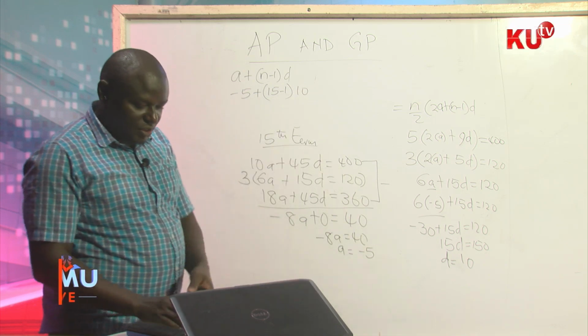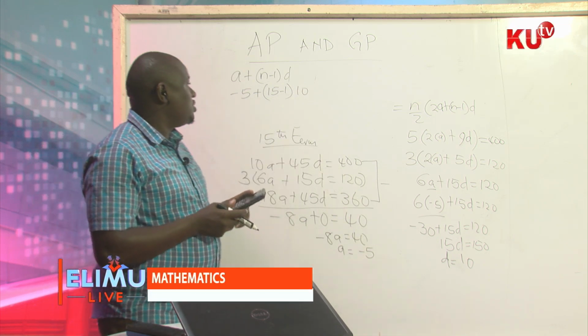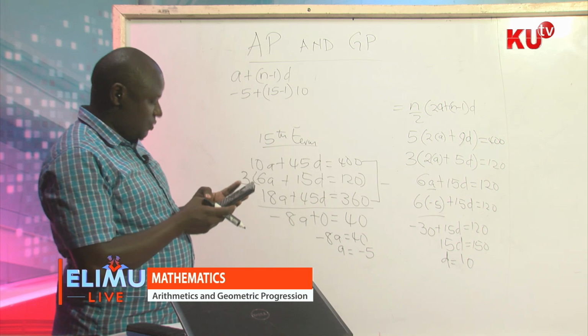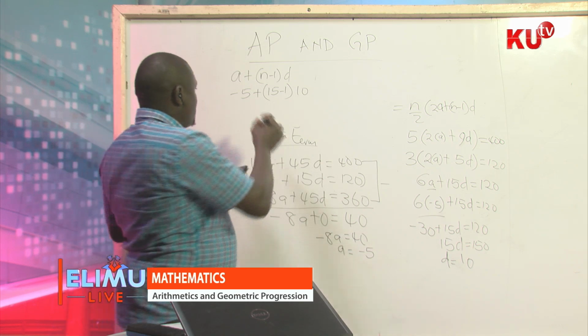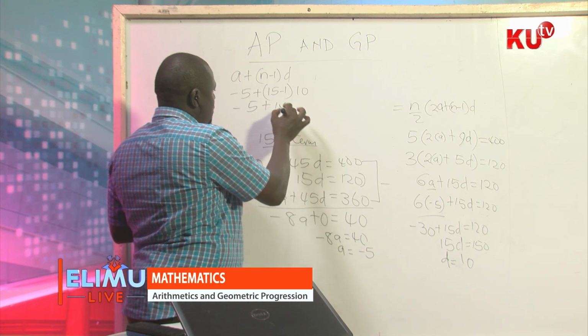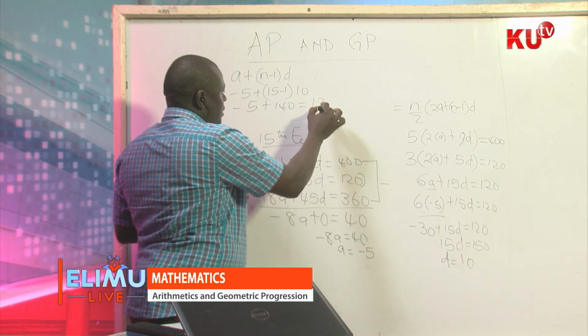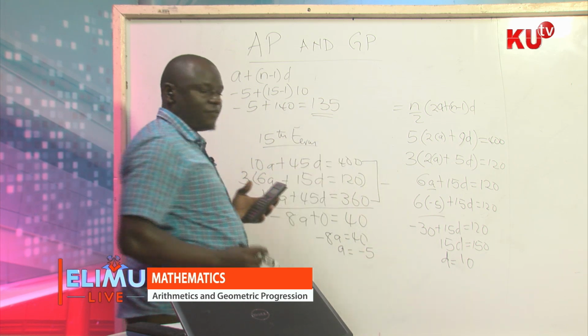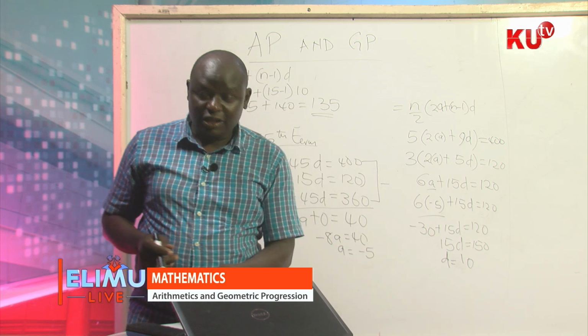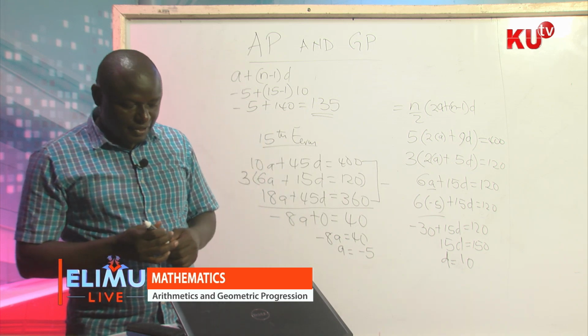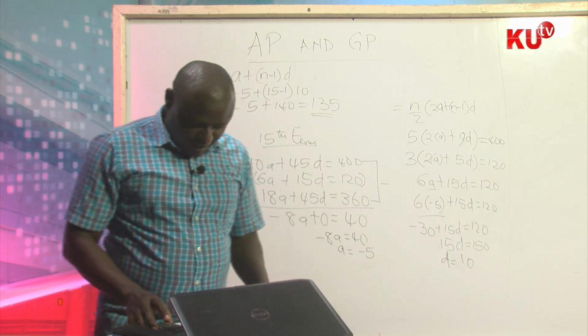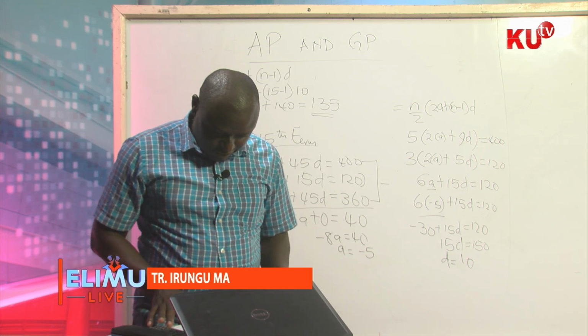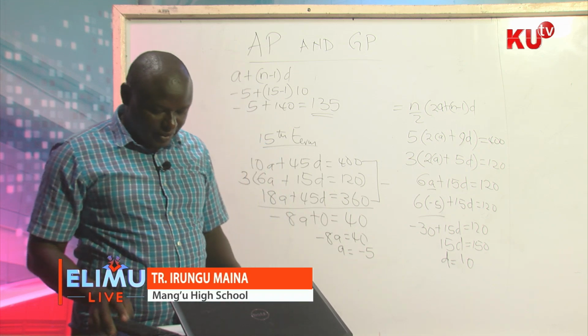Just take your calculator and punch in those numbers. That's 14 times 10. That's minus 5 plus 140, giving you 135. Is that clear? I know it is very clear.